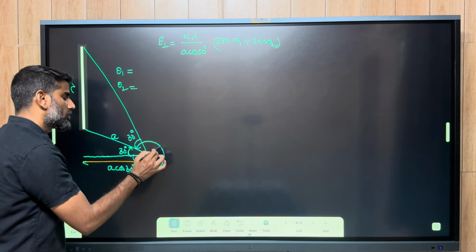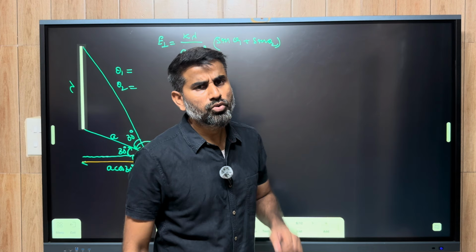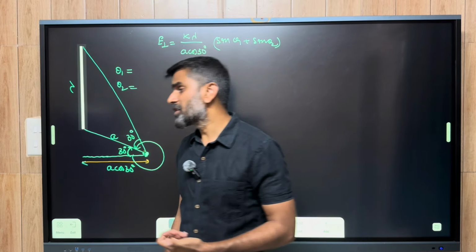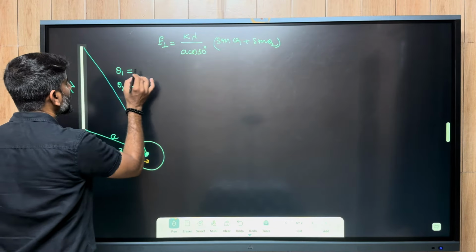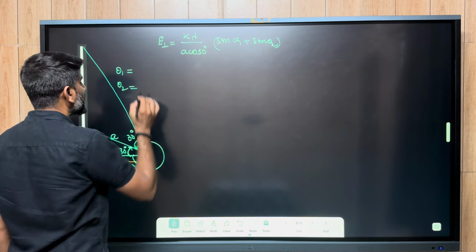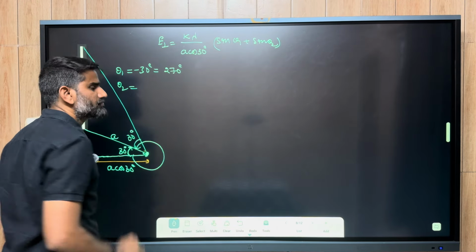So the angle that I've turned to find this line is 270. You can use 270 degrees, or you can use minus 30 degrees. So theta 1 can either be minus 30 degrees or 270 degrees.